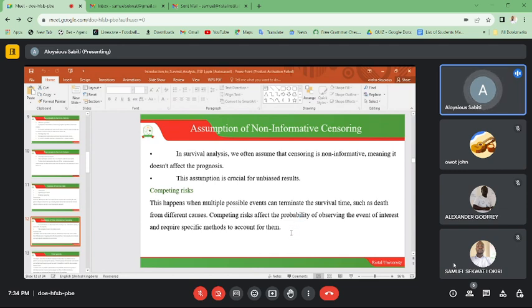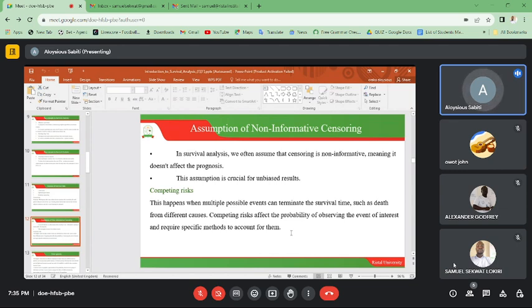Then we look at competing risks. This happens when multiple possible events can terminate the survival time, such as death from different causes. Competing risks alter the probability of observing the event of interest, and require specific methods to account for them.